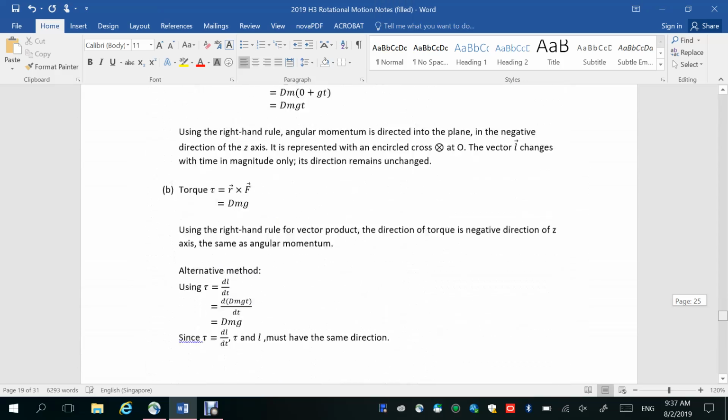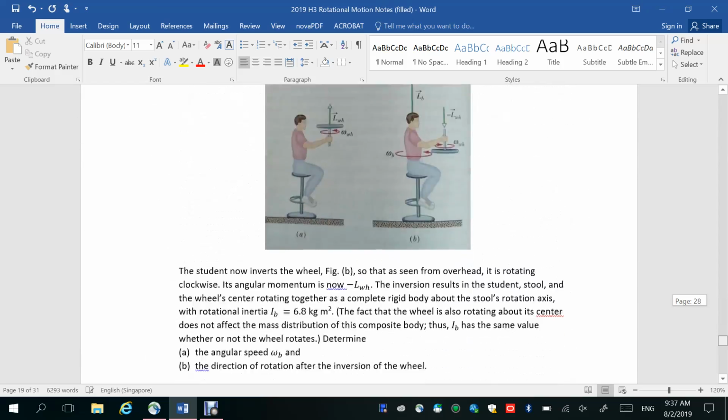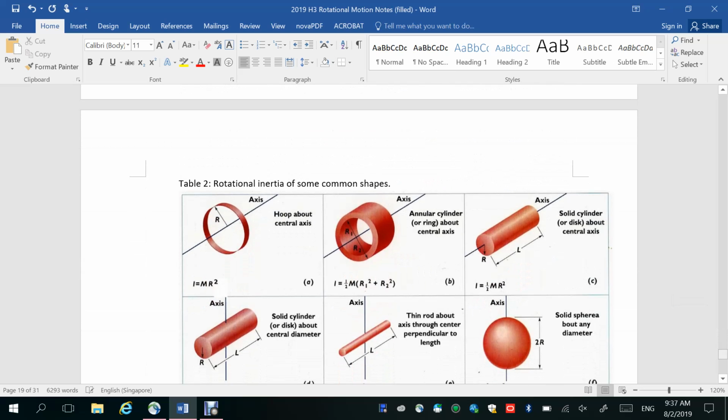In this table here, you have rotational inertia with some common shapes and axes indicated. Usually it's an axis through the center of mass. So in A, you have the moment of inertia about the central axis.